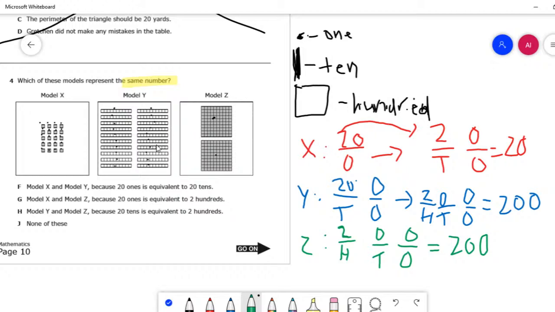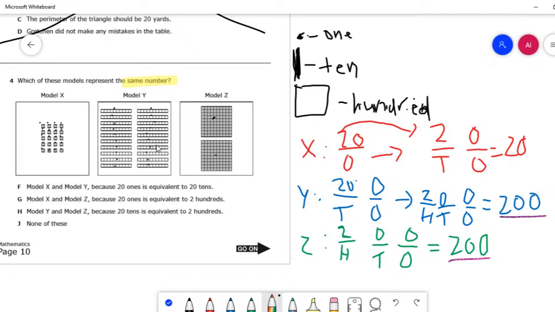So now that we figured out the values of these, we can see that both model Y and model Z are representing the number 200. They both have the same value. And if you look back at the question, it's asking which models represent the same number.